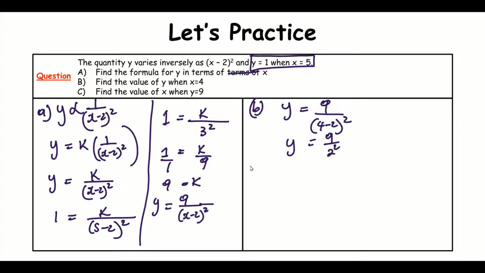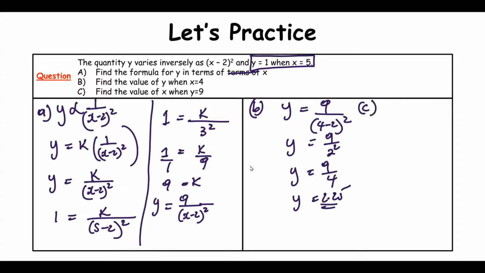So we have 9 over 4. Y is equal to 9 over 4. And 9 over 4 as a decimal is 2.25. So the value of y when x is 4 is 2.25.